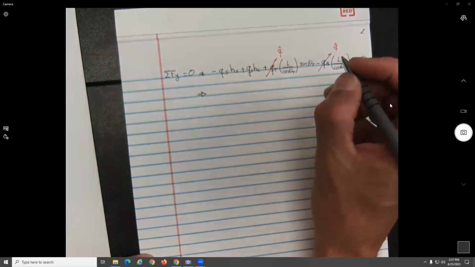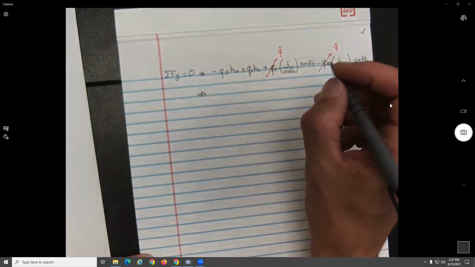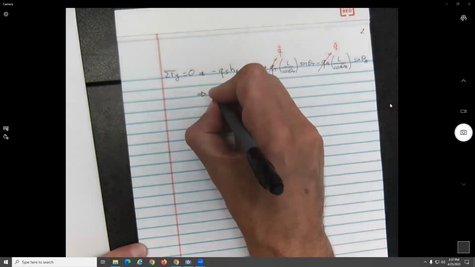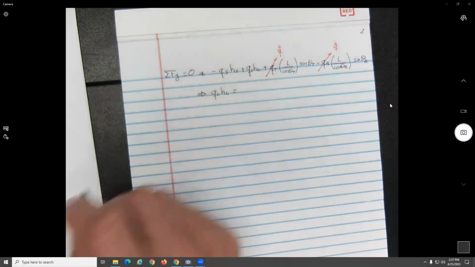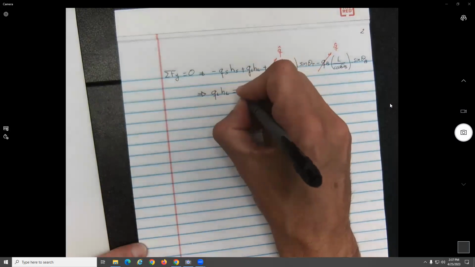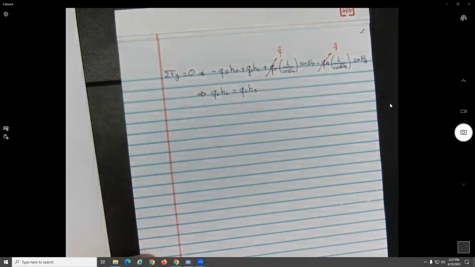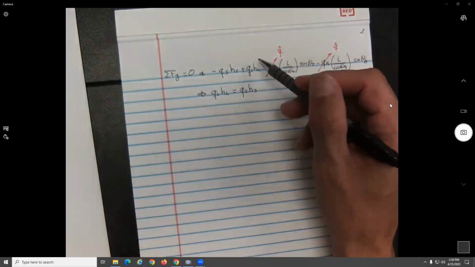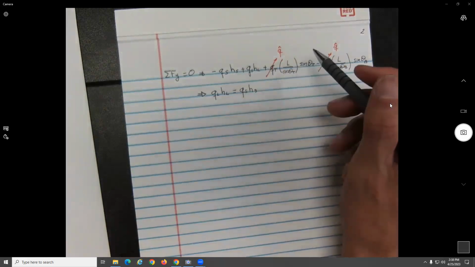Q L H sub L will be equal to Q sub S H sub S. I need to move that one to the other side.